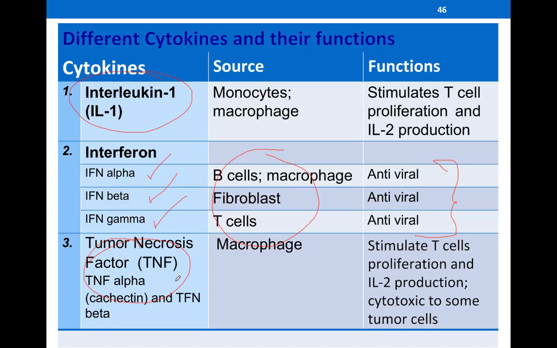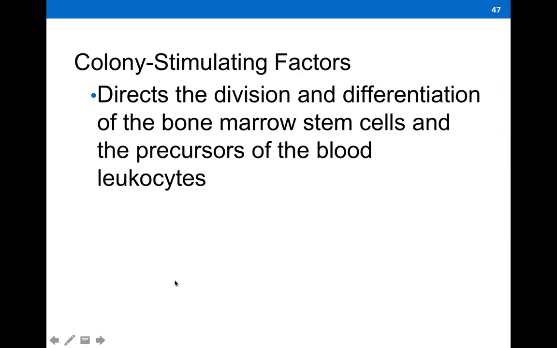As you all know, when you say lymphocytes, we are dealing with viral infection. And one of the management for viral infection is actually supportive treatment, not antibiotics. All right. Okay, we also have these colony-stimulating factors, which direct the division and differentiation of the bone marrow stem cells and the precursors of the blood leukocytes.